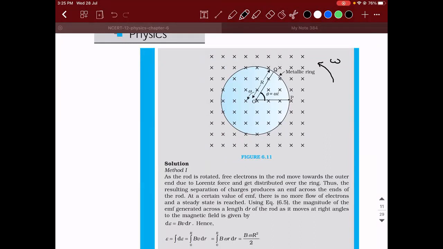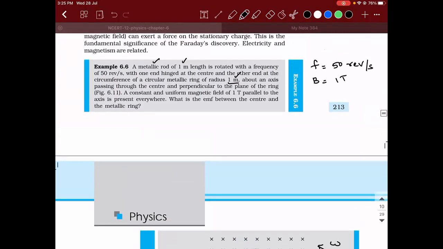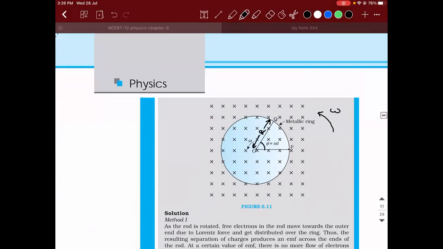The radius of this metallic ring is R, which is exactly the length of this rod, 1 meter. Now, our job is to find the value of flux that is getting generated in time t.